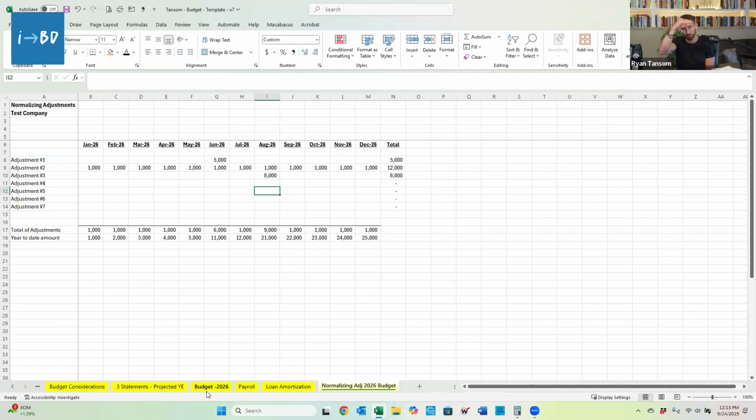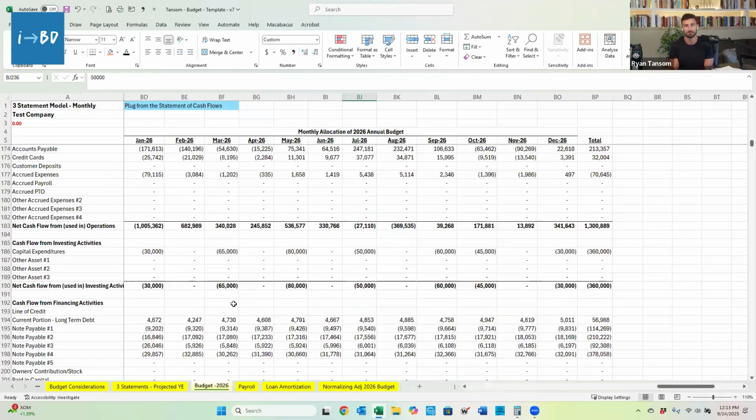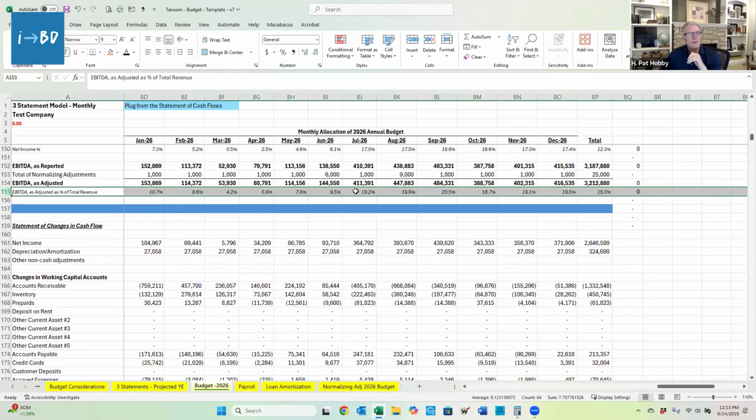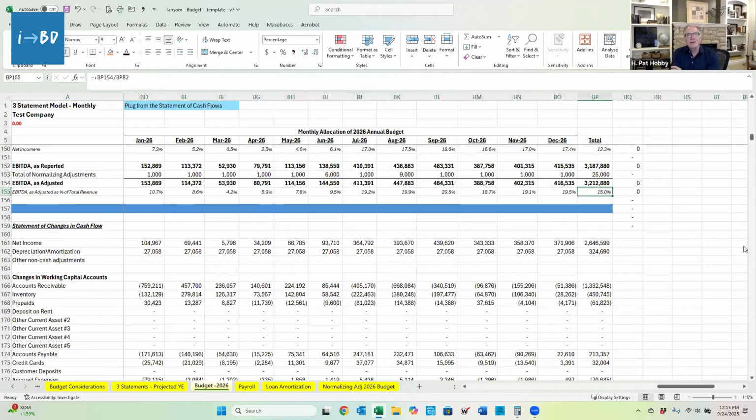So even though it's already accounted for in the income statement, you're making those footnotes and it'll roll into the normalized EBITDA row in the income statement budget. And this number, when on an income statement you get to EBITDA as adjusted or normalized, same thing, at what level does this need to be?